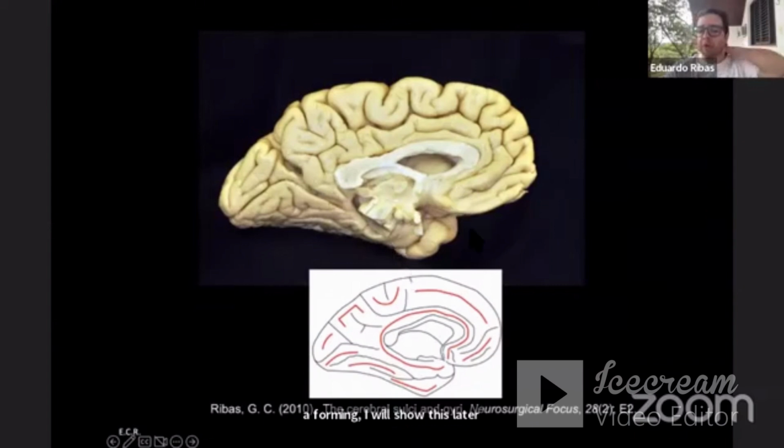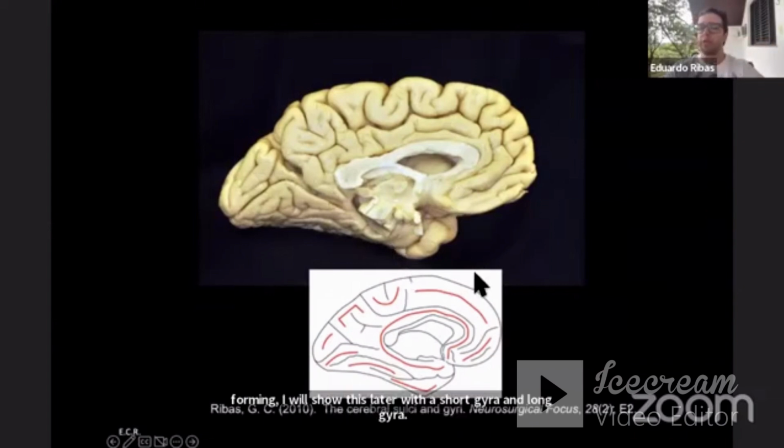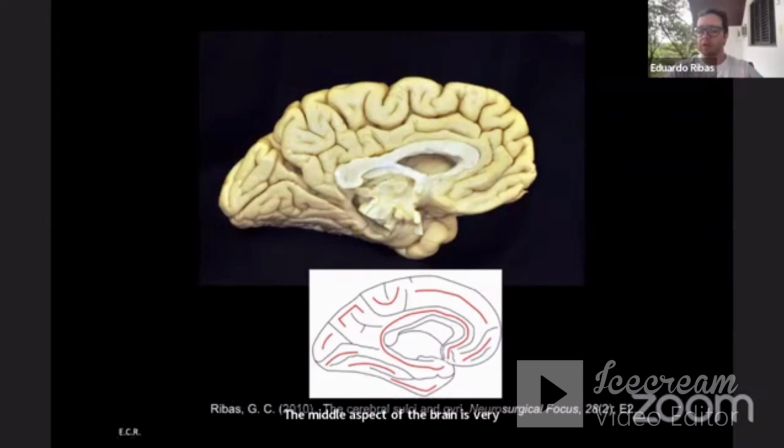The middle aspect of the brain is very consistent. All of us will follow pretty much the system here. So the first structure that we want to look for is the corpus callosum. The corpus callosum is not really cortical surface, but it's really easy to see. It's a very white structure in the middle of the middle aspect of the brain.